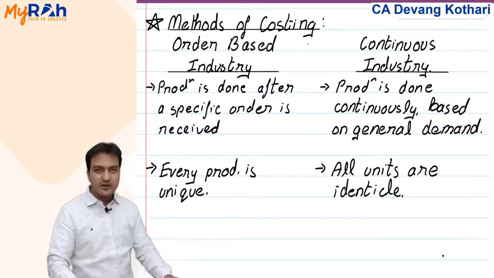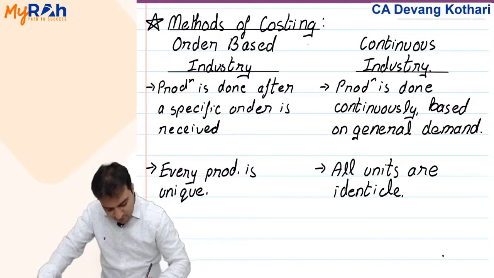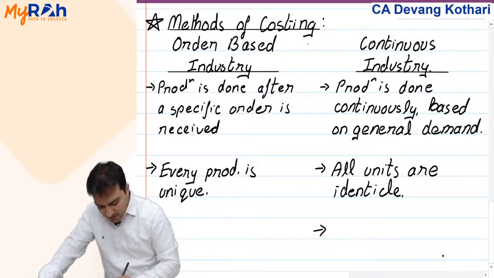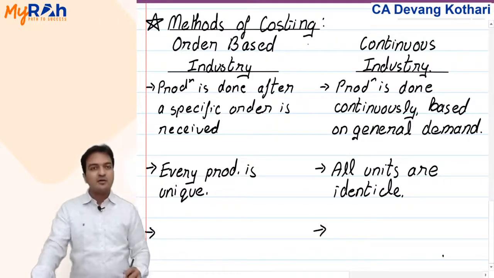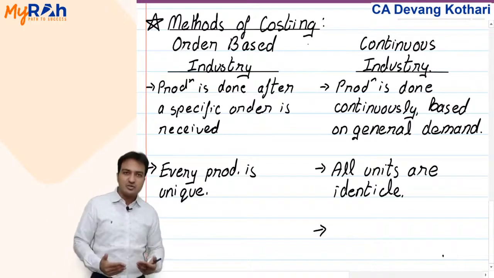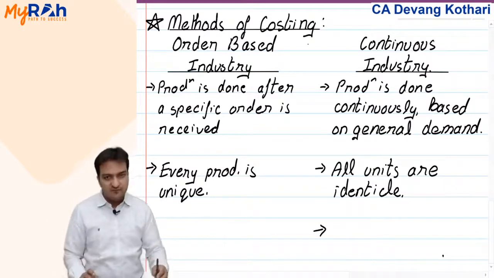And that is why in case of continuous industry and in case of order based industry, the cost calculation will also be done in a different way.